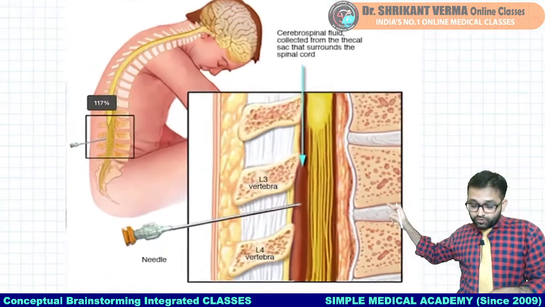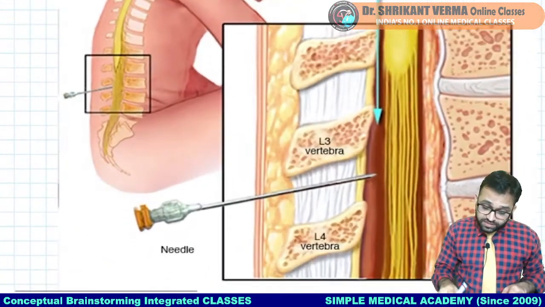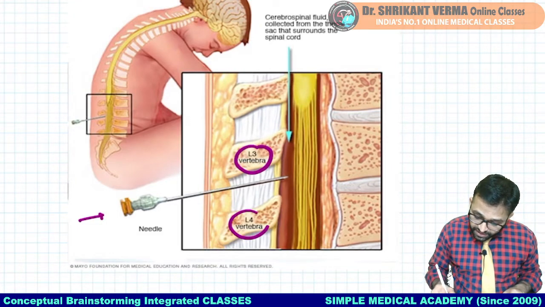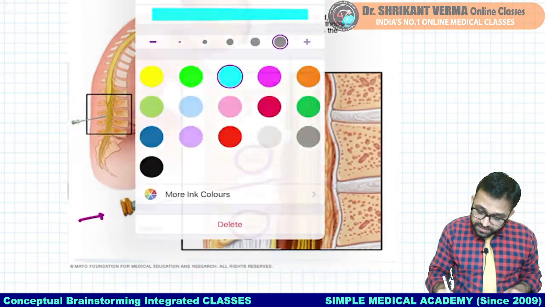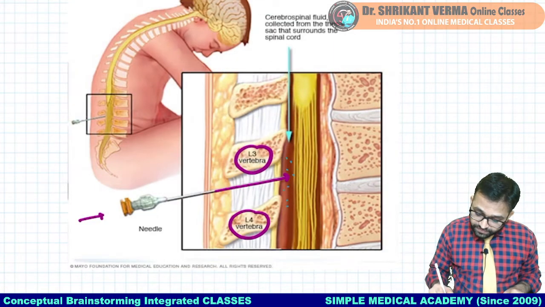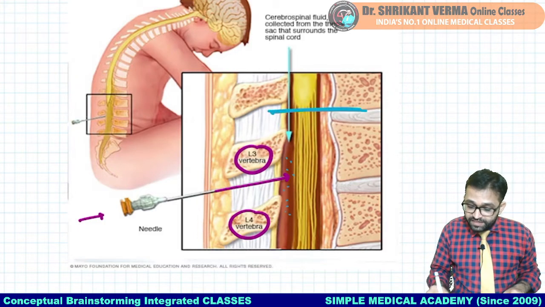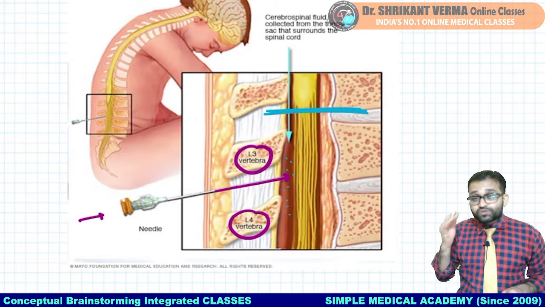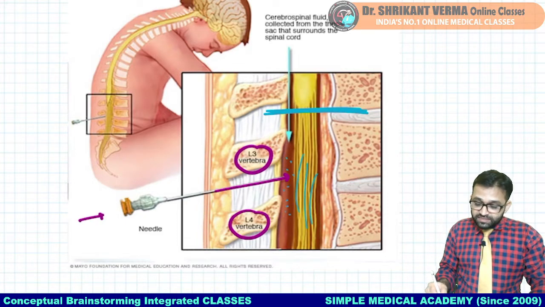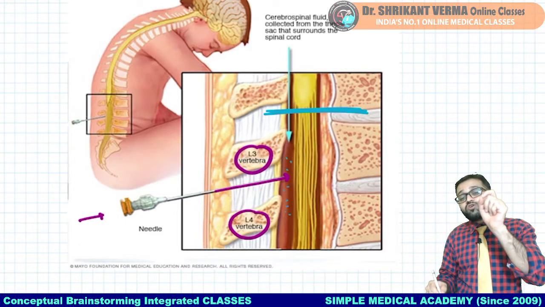You are asking the patient to lie down, and then you are inserting the needle in between the L3 and the L4 vertebra, piercing the different structures and reaching the site of the CSF, where the spinal cord has ended. Yes, the spinal cord ends at a higher level, so there is no damage to the spinal cord, and spinal nerves are there, but these are thread-like structures, so they cannot be damaged.